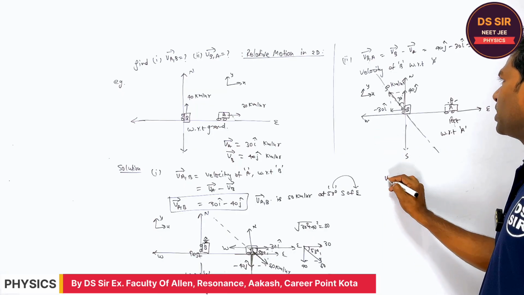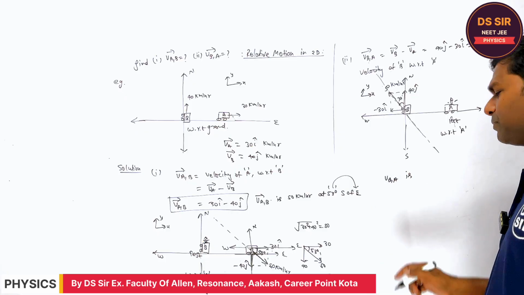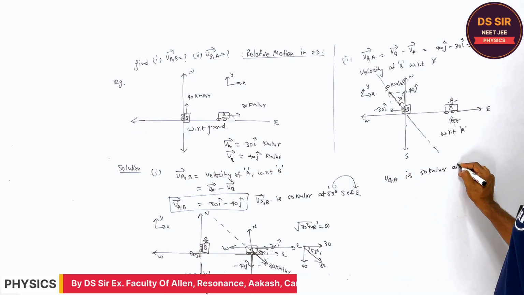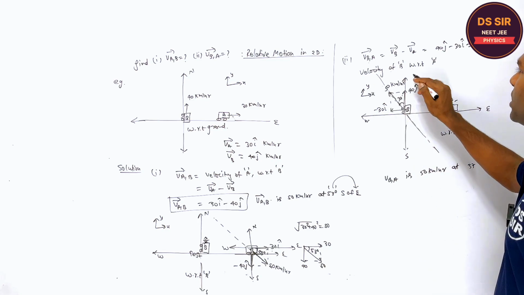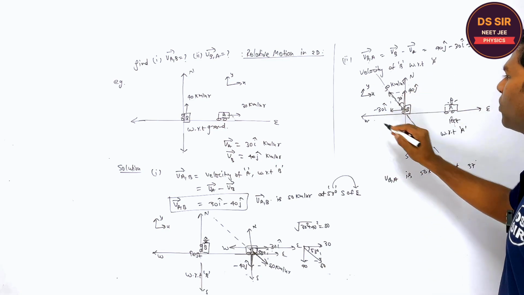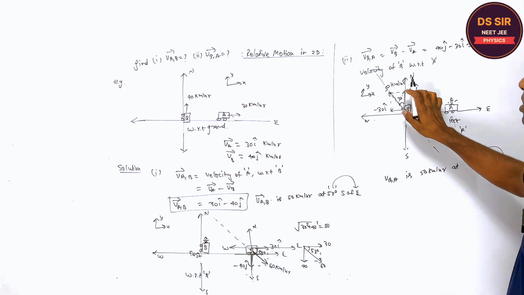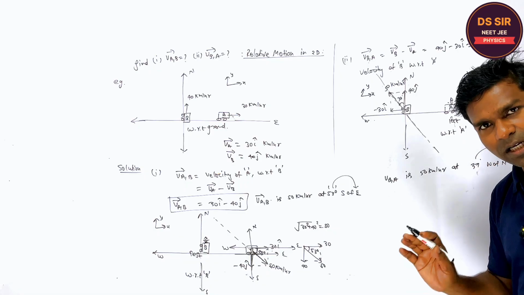The velocity of B with respect to A is 50 kilometer per hour at angle 37 degree, west of north. This angle is made with the north. 37 degree west of north. Is it clear or not?